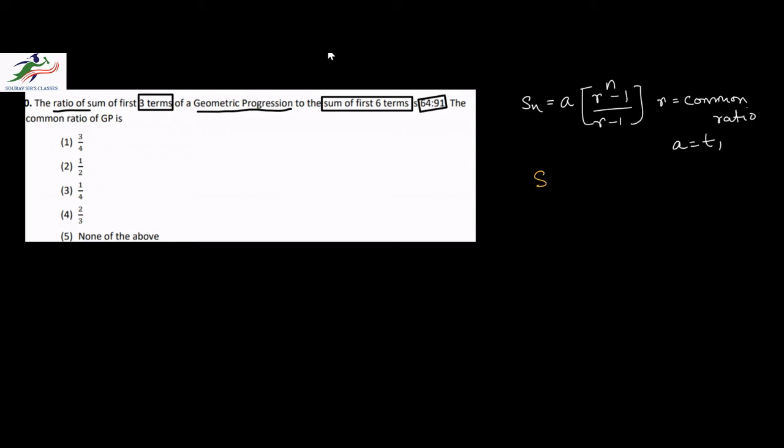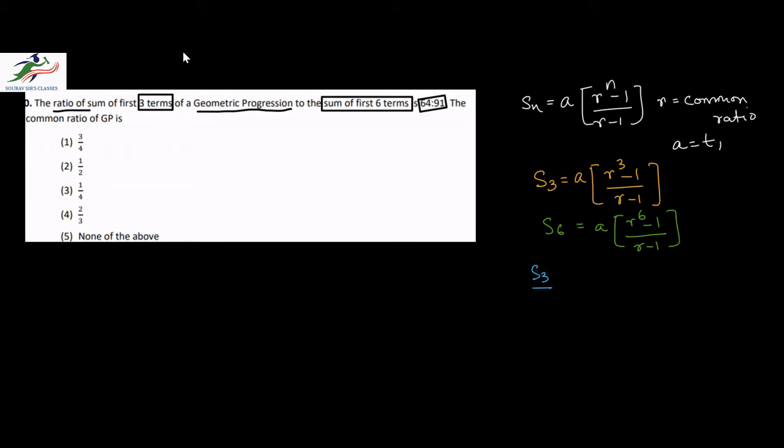So therefore the sum of the first three terms would be given by S3 equal to a into r cube minus 1 by r minus 1, and sum of the first six terms would be given by S6 equal to a into r to the power 6 minus 1 by r minus 1.